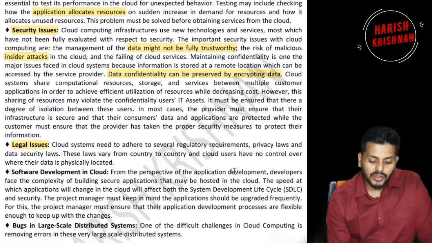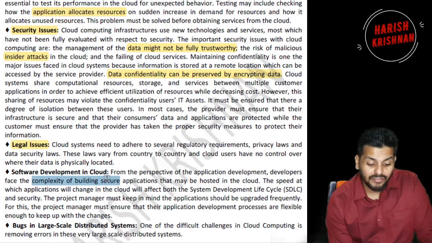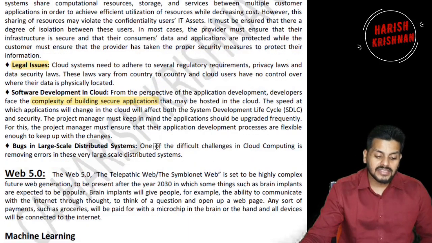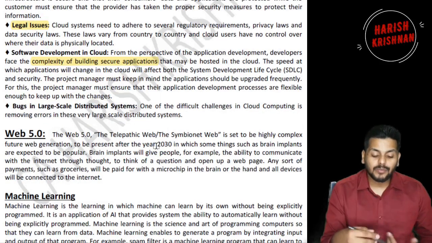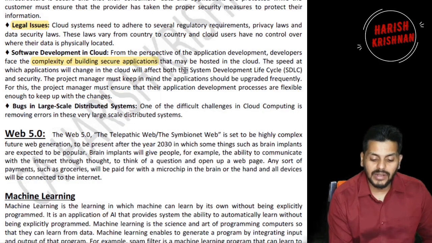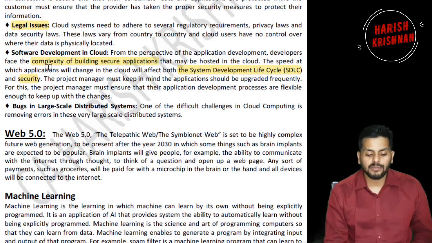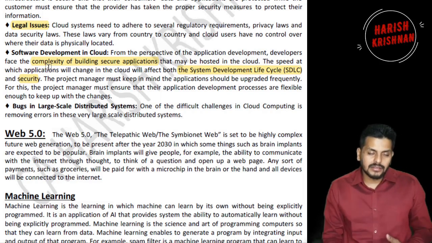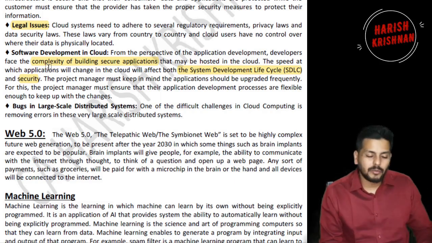From the perspective of application development, developers face the complexity of building secure applications that may be hosted on the cloud. The speed at which changes happen in the cloud will affect both the system development lifecycle and security. All I'm saying is the rate at which you do things normally might not be the same when you do it on the cloud. Sometimes the cloud may slow down.